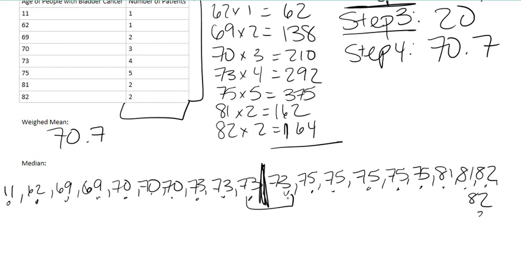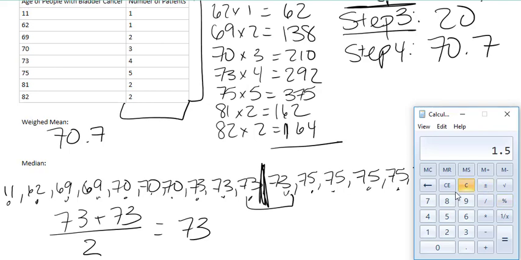Since we have an even number on the left-hand side and the right-hand side, we add the two numbers together and then divide by 2, which will get us back to the same number, 73. And if you don't believe me, let's just do this real quick. 73 plus 73 equals 146.